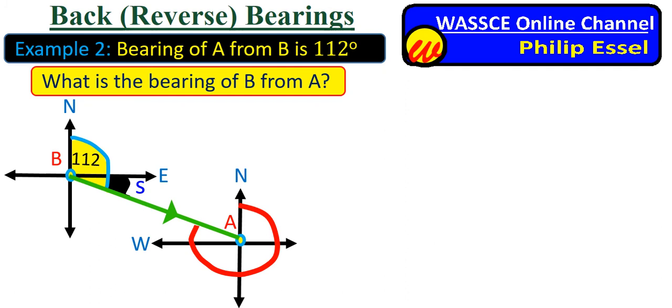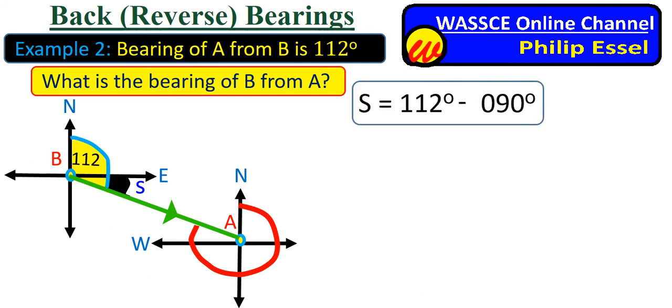Also, a movement from the north pole to the east pole of the point B is an angle of 90 degrees. So to find the value of S, we simply need to subtract 90 degrees from 112 degrees. 112 degrees minus 90 degrees would give us 22 degrees.